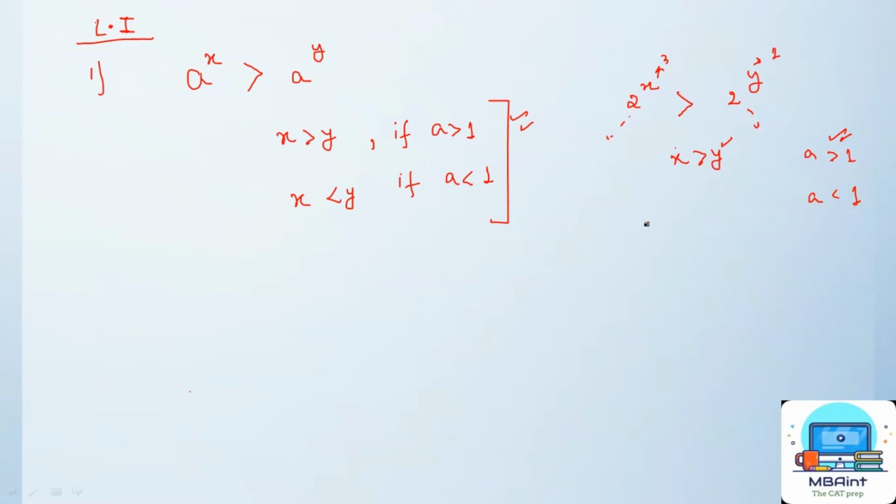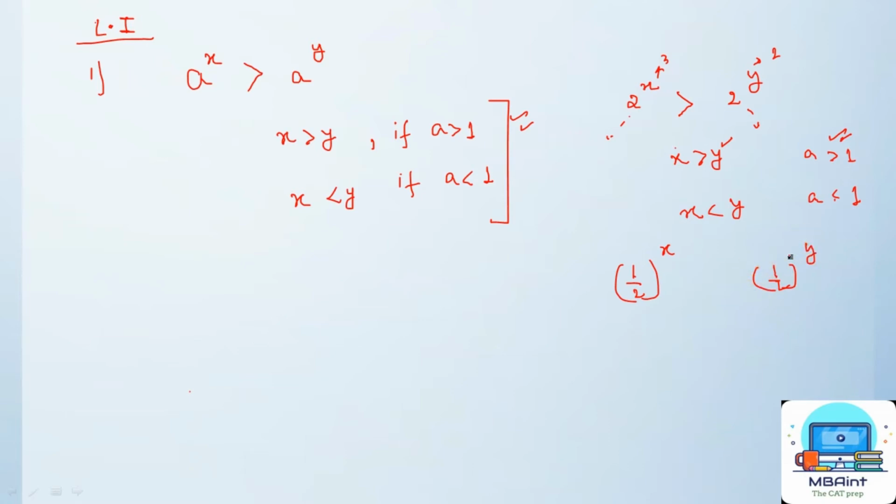In the same scenario, what is going to happen here? Let's say I take an example where a is less than 1, and this is x and this is y.